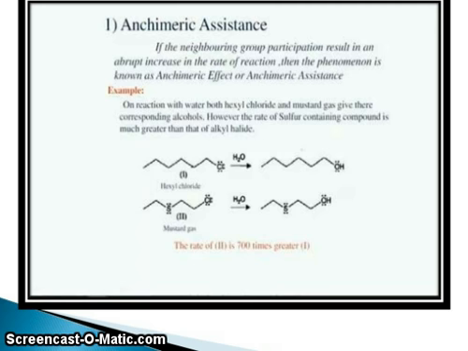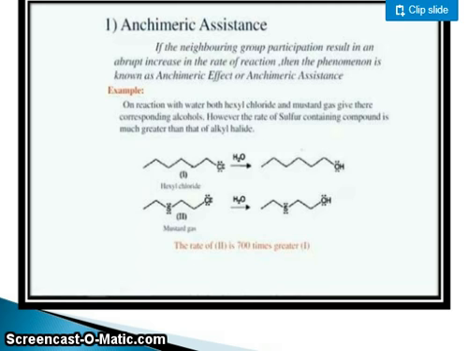Friends, if the neighboring group participation results in an abrupt increase in the rate of reaction, then the phenomenon is known as anchimeric effect or anchimeric assistance. On reaction with water, both hexyl chloride and mustard gas give their corresponding alcohol.